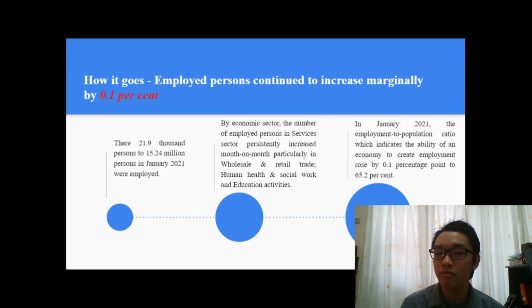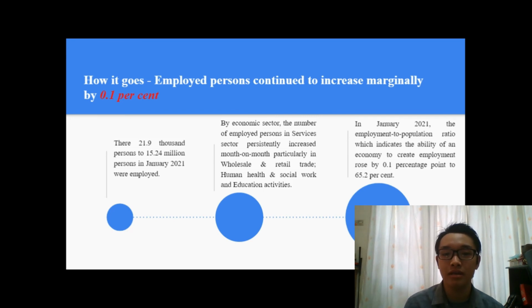By economic sector, the number of employed people in the service sector persistently increased month to month, particularly in wholesale and retail trade, human health, social work and education activities. This is how we get the 0.1%.